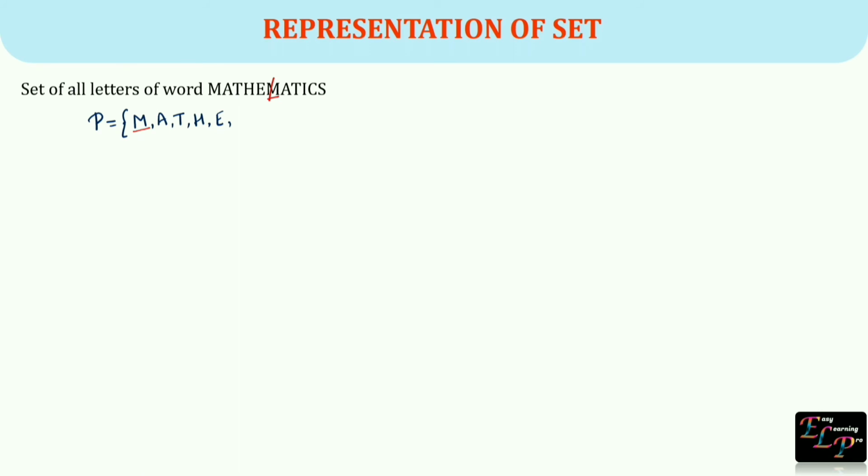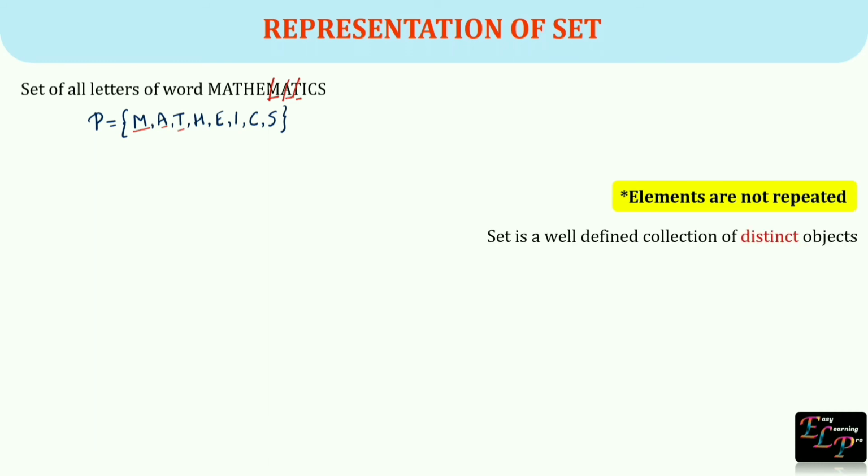Next letter is A. A is already present, we are not going to repeat. Next is T. T is also present, we are not going to repeat. Next is I, C, S. In a set, elements are not repeated. That's why in the definition we say set is a well-defined collection of distinct objects.